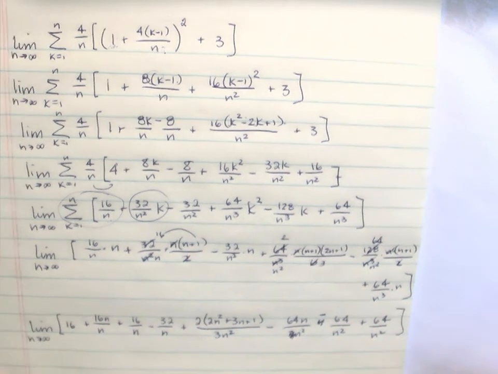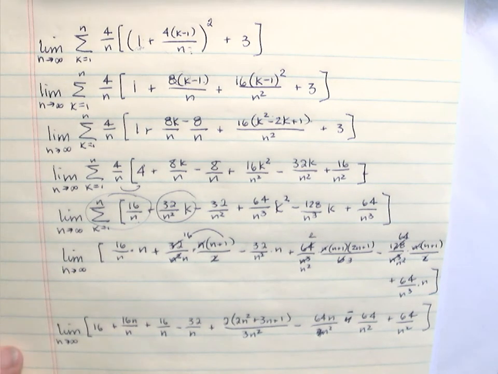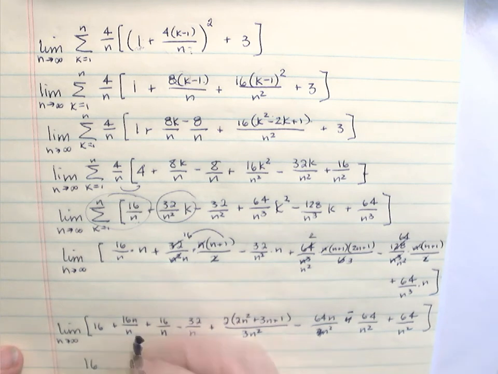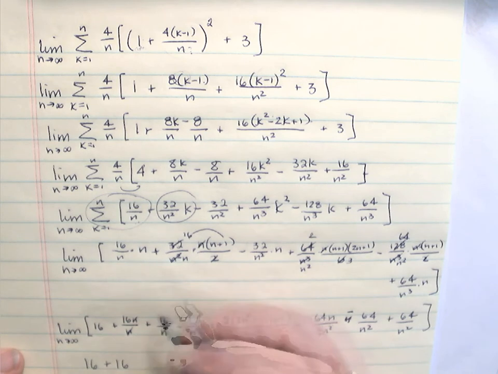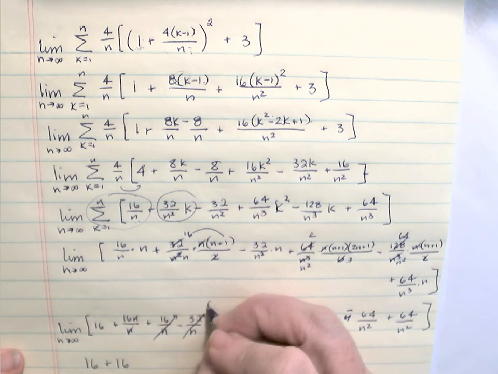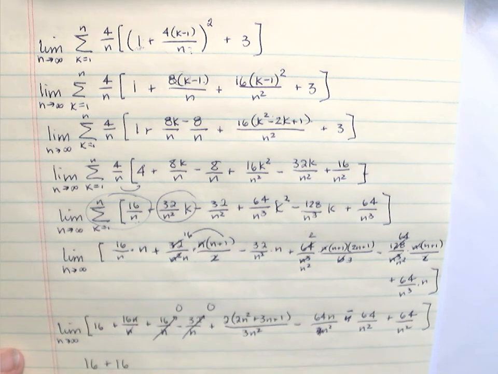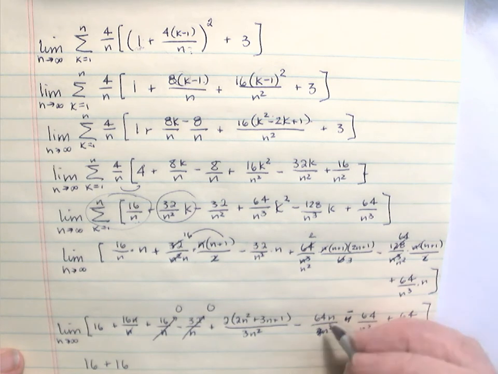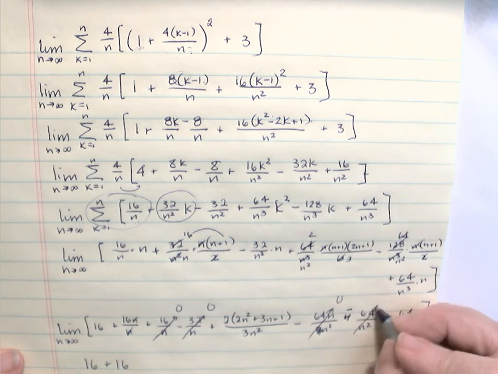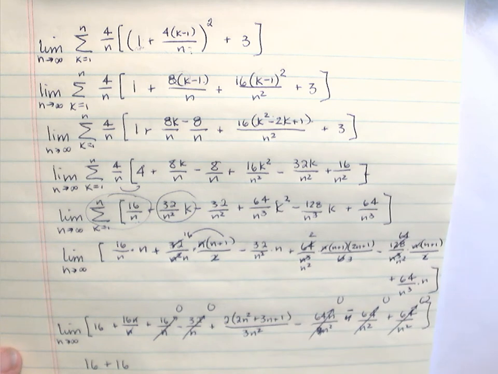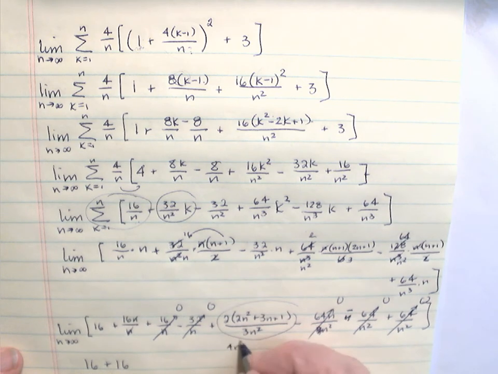But as n approaches infinity, here's what's going to happen. 16 is going to stay. In the next term, the n's cancel out. We're left with 16 again. But anything with just an n on the bottom, when the bottom outweighs the top, that's going to end up being equal to 0. So this goes away, this goes away, this goes away. As far as this term is concerned, when I distribute this, this is going to give me 4n squared plus 6n plus 2, each over 3n squared.